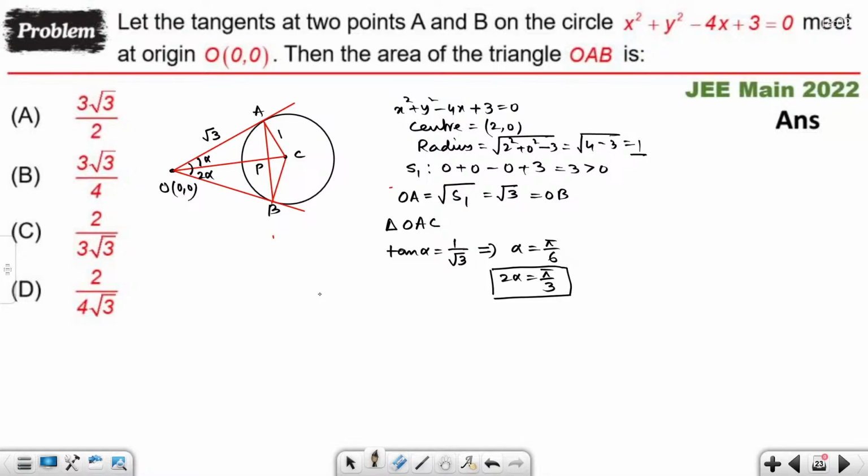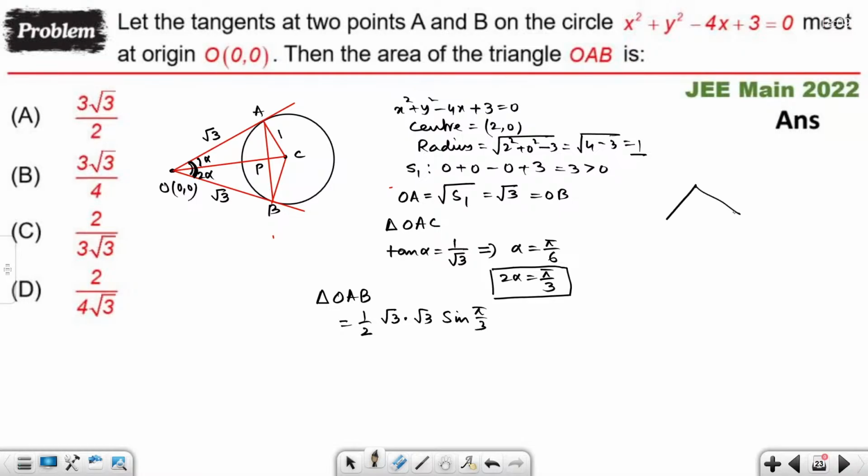Now, if you consider the triangle OAB, we can easily see that the angle between the tangents is 60 degree, and OA and OB, they are of equal length, which is root 3. Therefore, area of the triangle will be half into the product of the two sides, which is your root 3 into root 3, that is OA into OB, into sine of the angle between them.